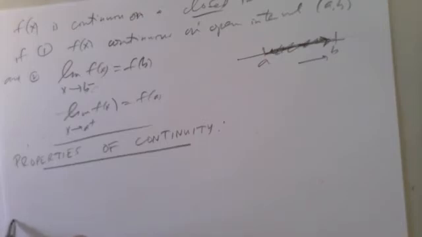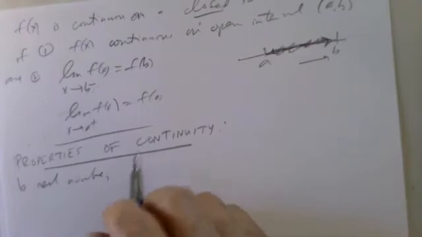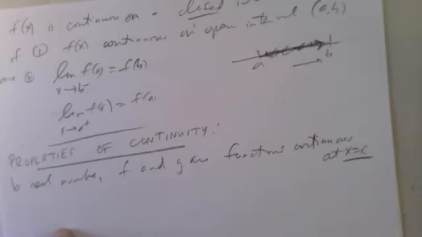So theorem 2.11 in the text says the following. So b is some real number, and f and g are functions which are continuous at the point c. So then the following functions are also continuous.